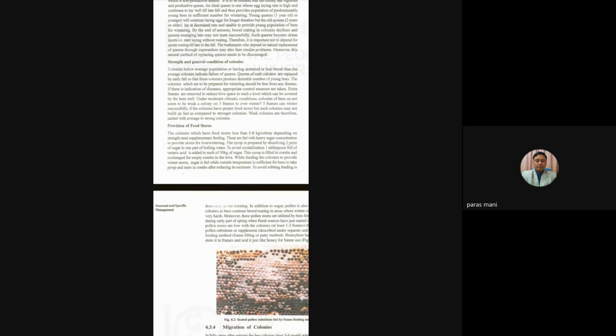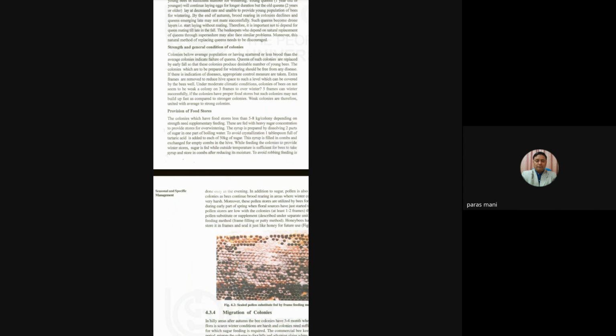And the strength and general condition of the colony is also monitored. If the strength of the colony is lower, you can unite the colonies, or else you can pack the remaining space so that temperature maintenance by the bees is very easy in winter conditions.